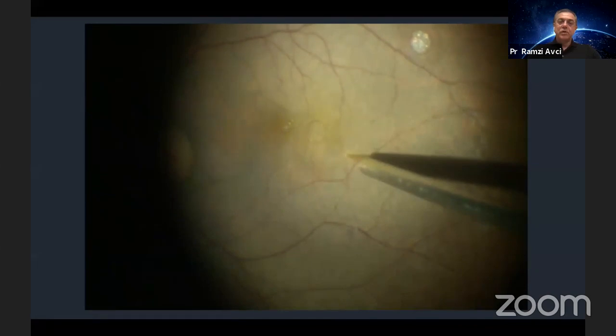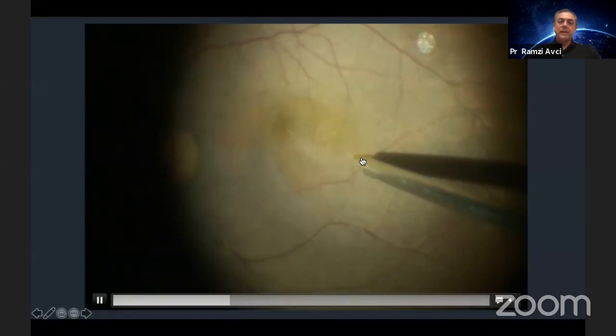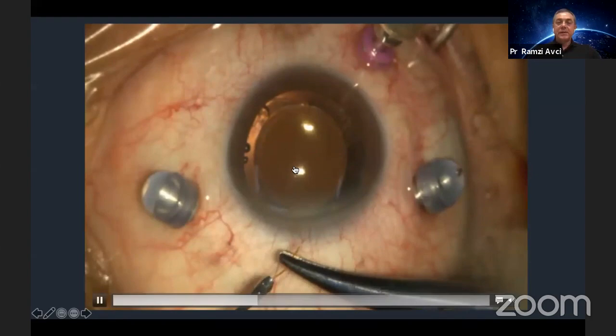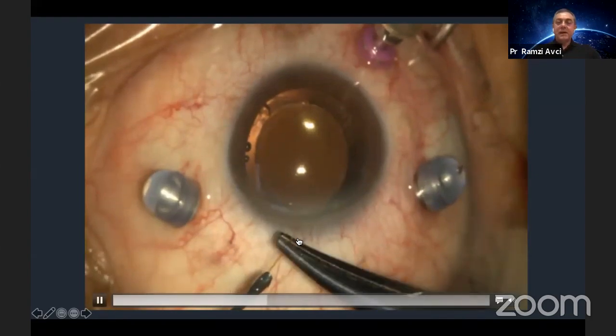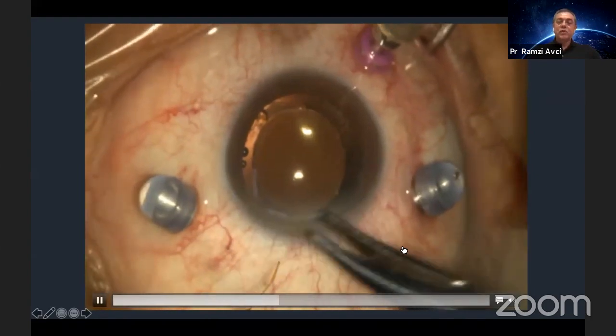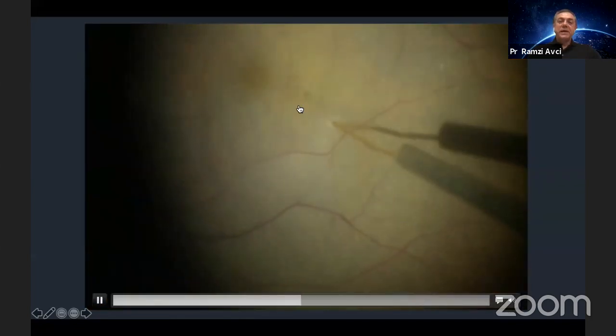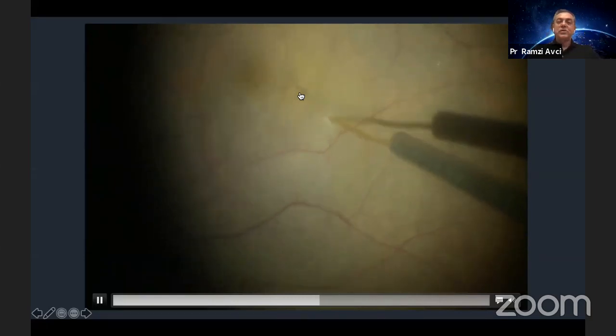So in this patient, I usually use a 41 gauge cannula and give a BSS injection and make a retinal detachment on the area, but then I bend the 41 gauge cannula to reach the PFCL bubble in this detachment area, because it's really dangerous to go directly into the PFCL bubble and aspirate it, because it's a very small bubble.